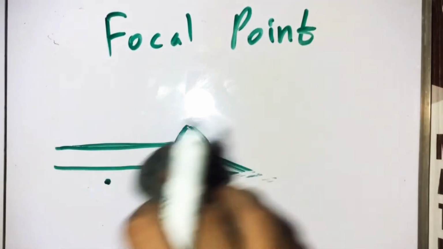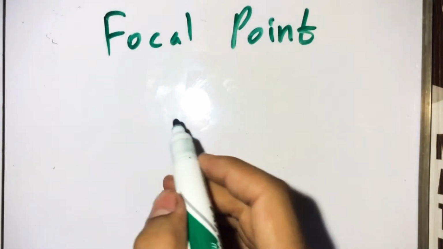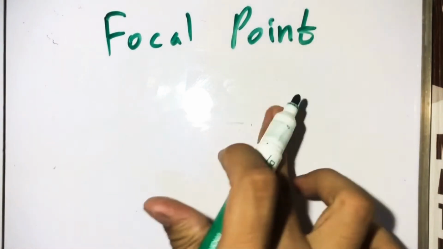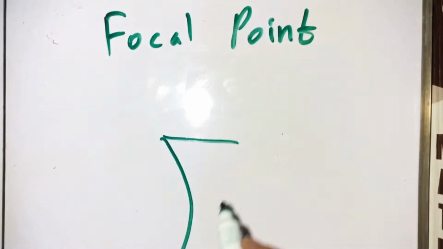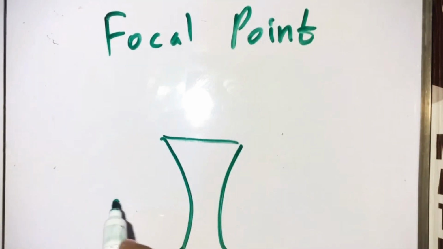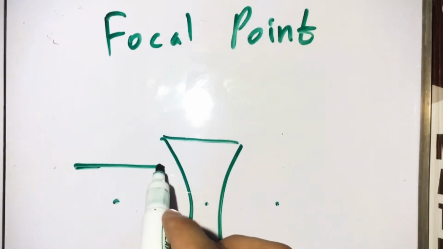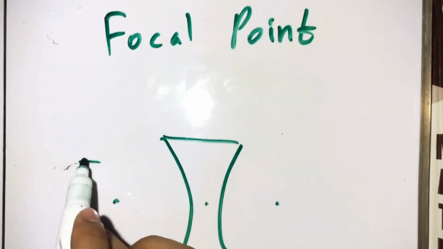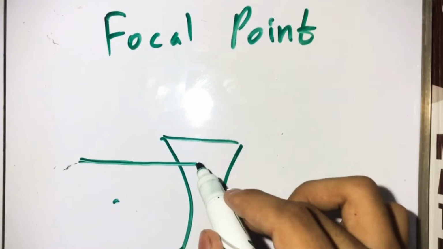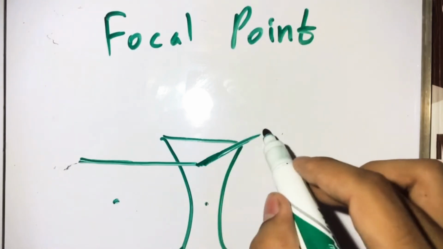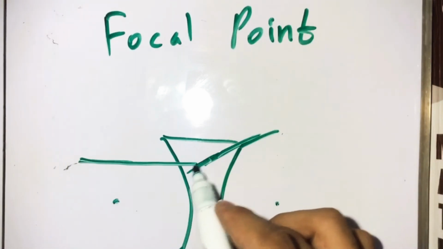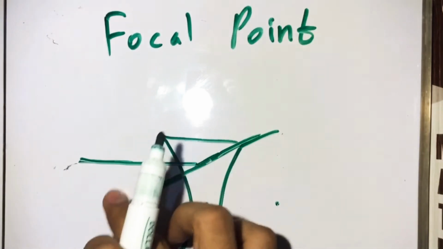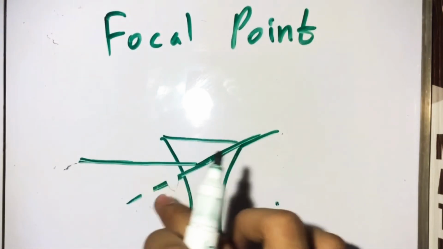And if we had a diverging lens, then when these lines would diverge, they would be such that it would seem that they are diverging from the focal point.